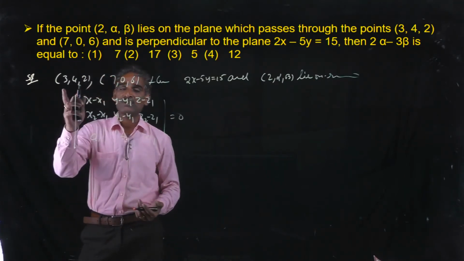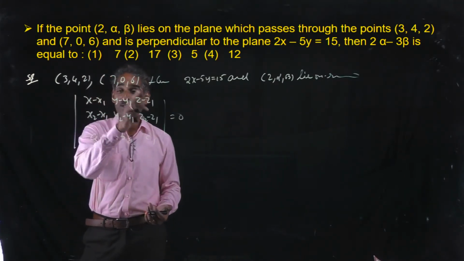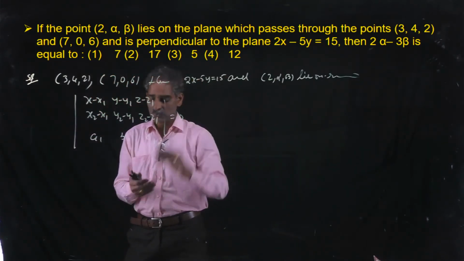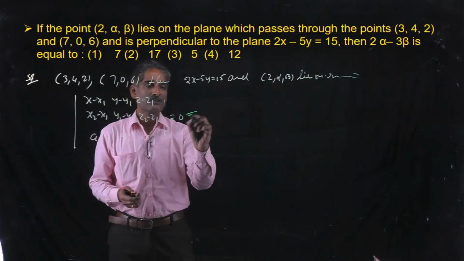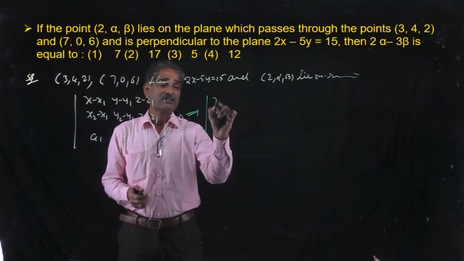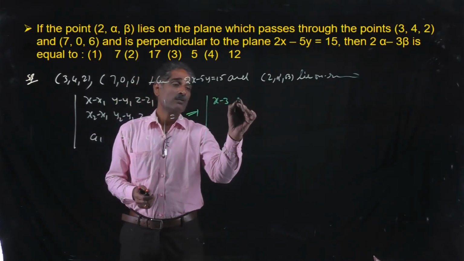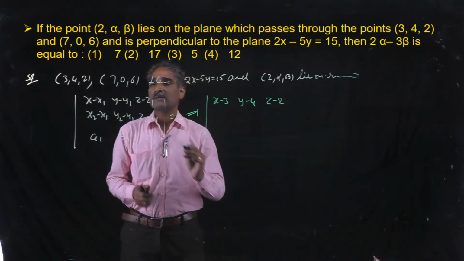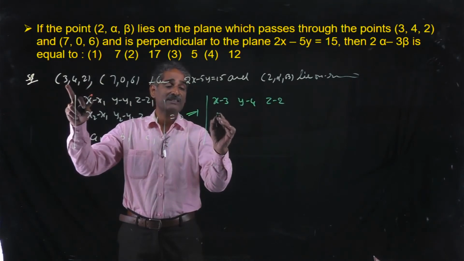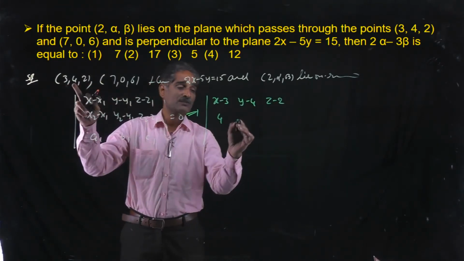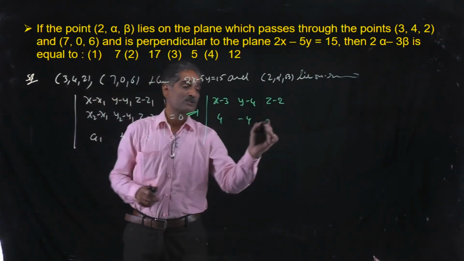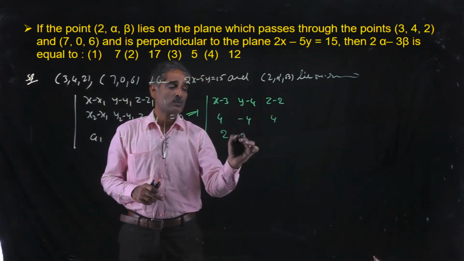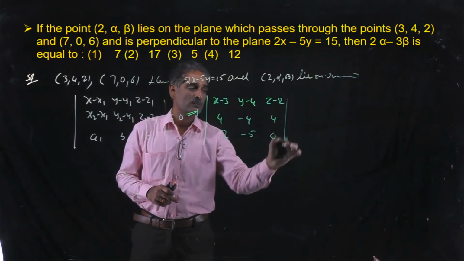Here x1, y1, z1 is the first point, x2, y2, z2 the second point, and a1, b1, c1 are the coefficients of x, y, z in the plane. Now substitute: x minus 3, y minus 4, z minus 2; 7 minus 3 is 4, 0 minus 4 is minus 4, and 6 minus 2 is 4. Now the coefficients of x, y, z are 2, minus 5, 0.